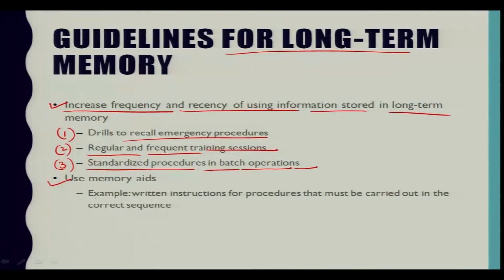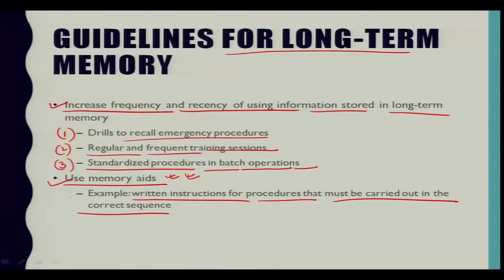The second kind of guideline for long-term memory is using memory aids. For tasks that are performed infrequently, or where it is important that the steps are carried out in the correct order and that none be omitted, we will use a set of written instructions for the procedures that must be carried out in correct sequence.